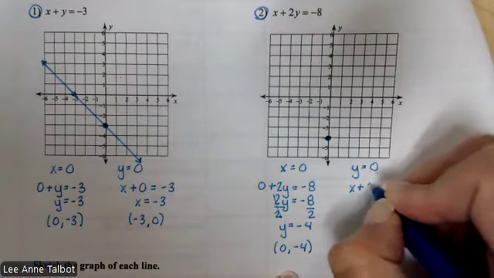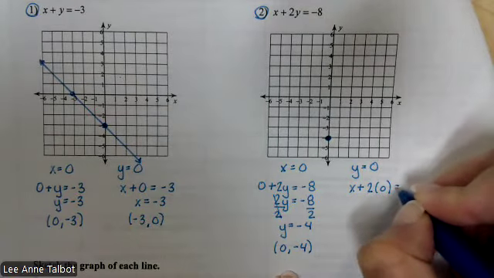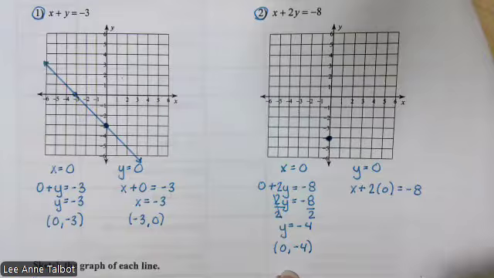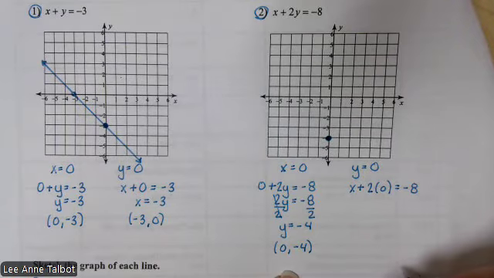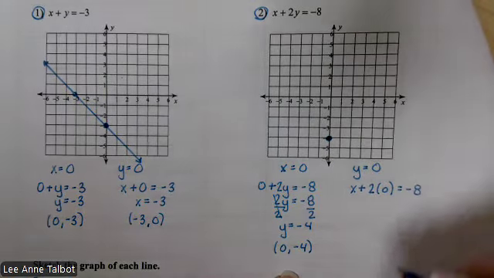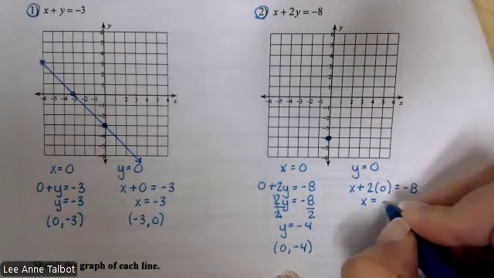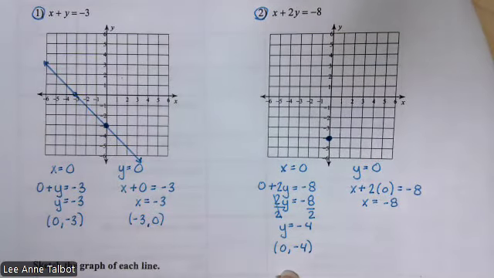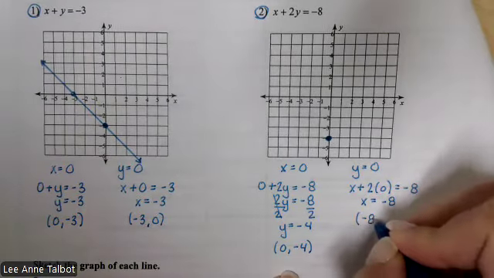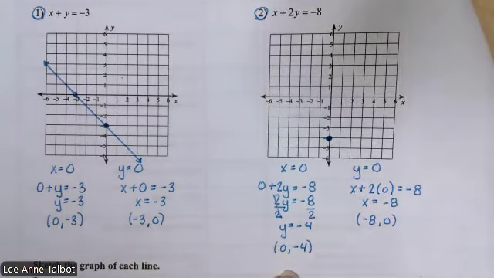x plus 2 times 0 equals -8. x equals -8. (-8, 0).